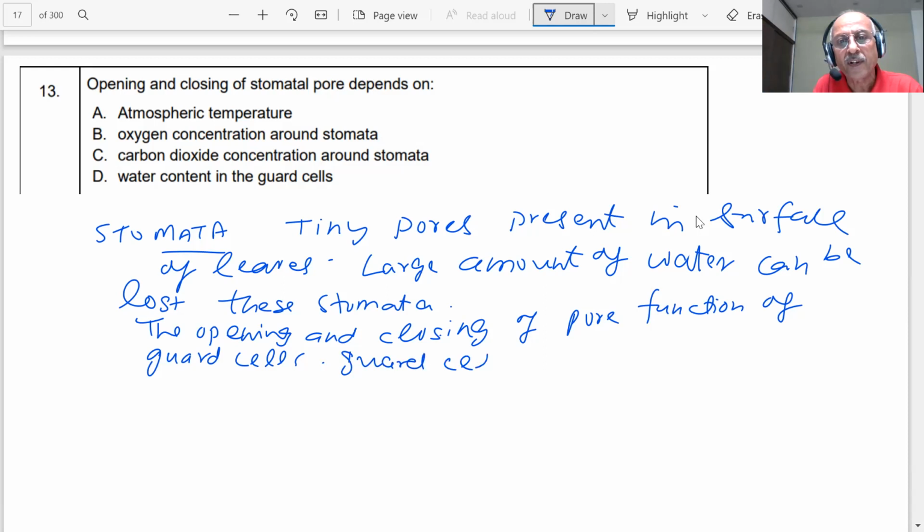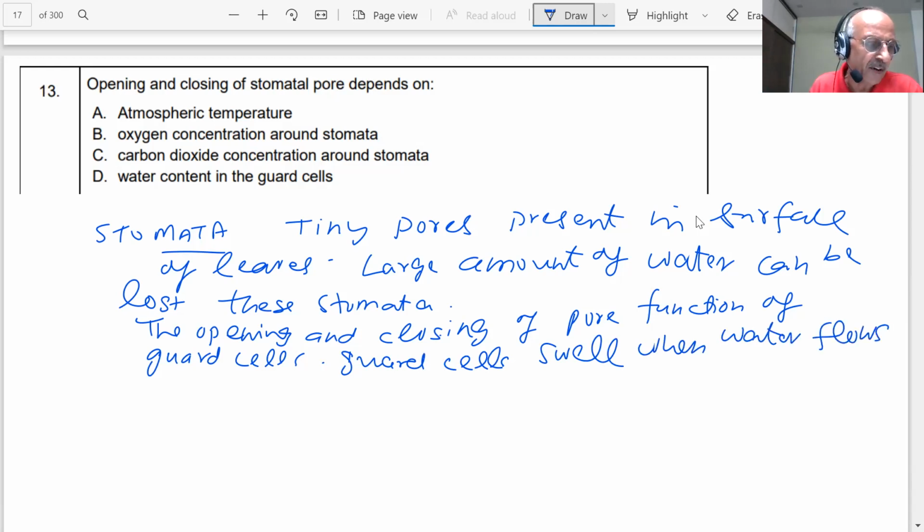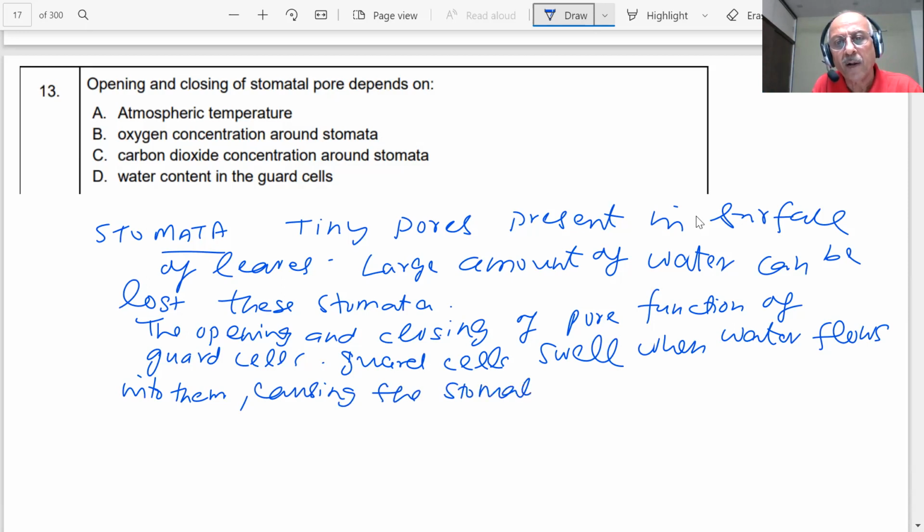Guard cells swell when water flows into them, causing the stomata pores to open, students.